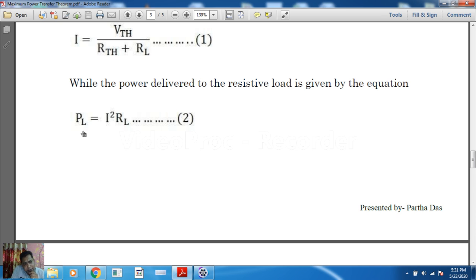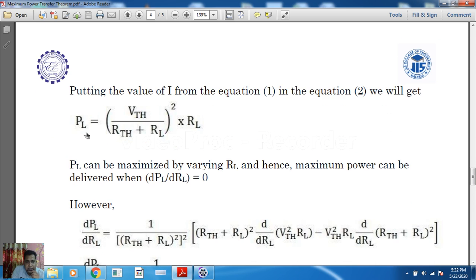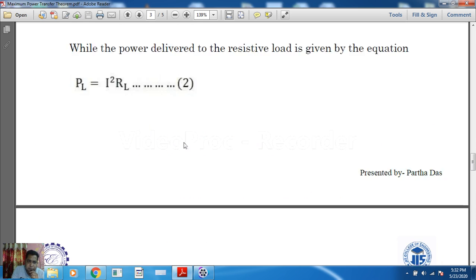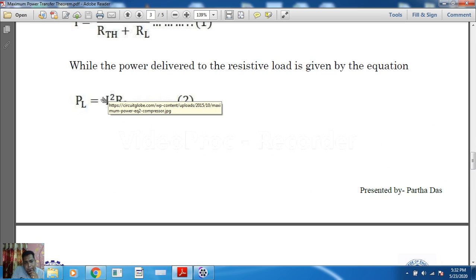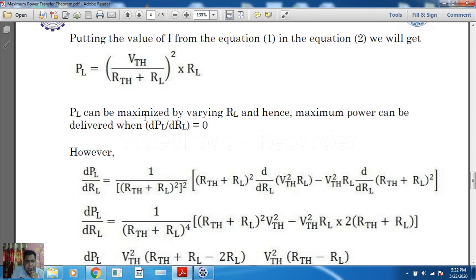Here the same equation is given, PL equals I square into RL. Now this I is given by the expression VTH by RTH plus RL. If we put that over here, what will we get? PL equals, in the bracket, VTH by RTH plus RL, whole square, into RL. It's the same expression; we have just put in the expression of I, VTH by RTH plus RL, correct?